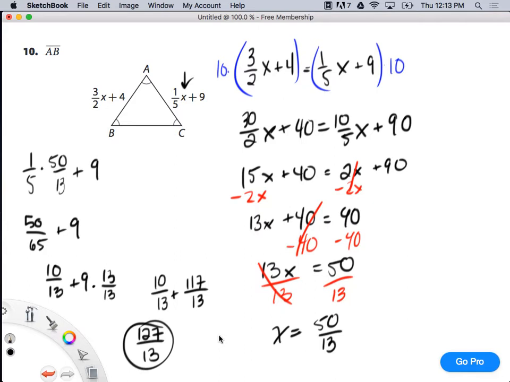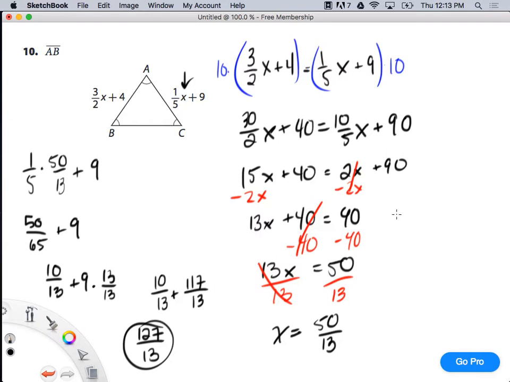And then for the 10 over 13 plus 9, so you just multiply 13 on both sides to get rid of the fraction? So what I did, no. What I did is I multiplied 9 by 13 over 13 to get 9 in terms of a fraction. How do you convert a whole number to a fraction? You multiply it by the same thing on the numerator and the denominator. So it's a good question.